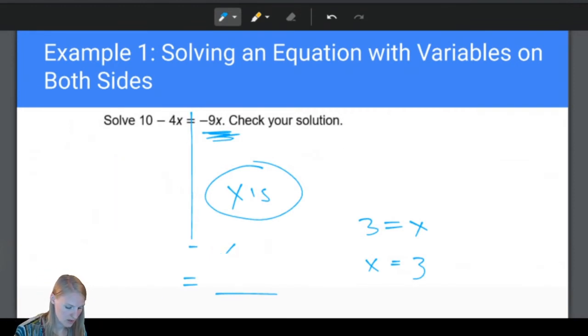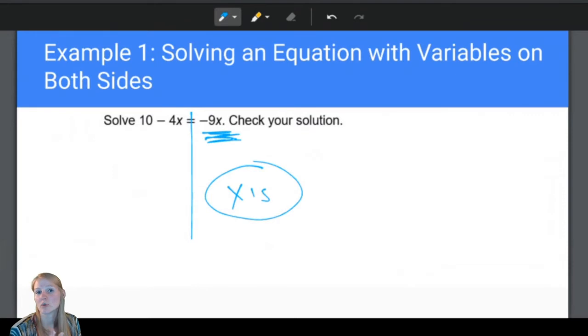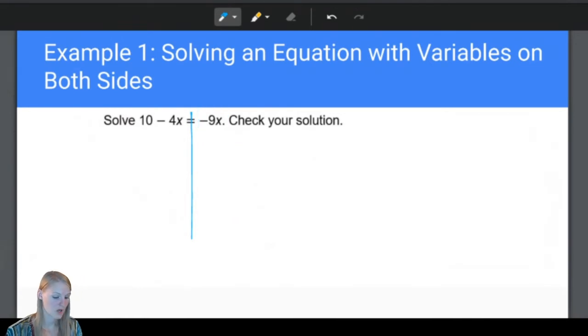Okay. So, now that we've talked about that, I'm going to get x on this side because it's going to take the fewest number of steps. It's going to be quickest because we already have an x over here. And just an x over here. So in order to do that, I need to move the other x. I need to move it over here. And remember that we talked about moving the x over to the other side means that I need to do the opposite of it.